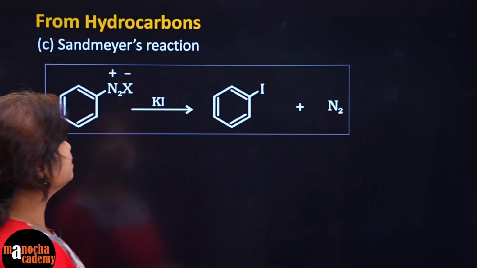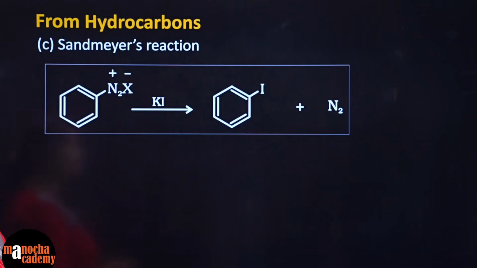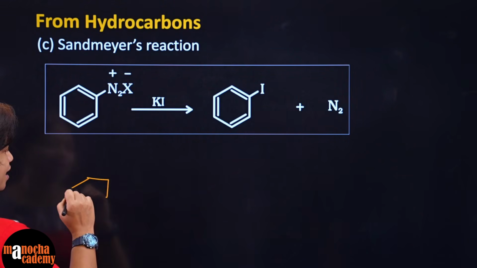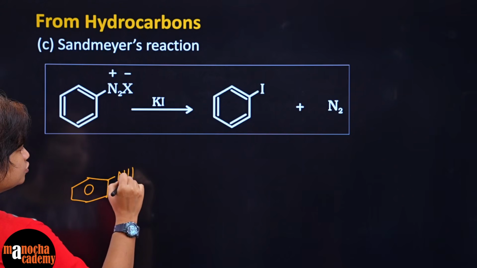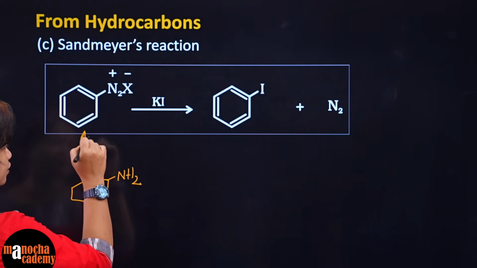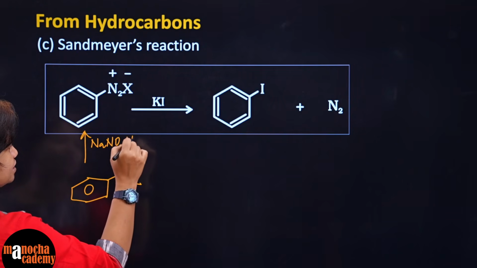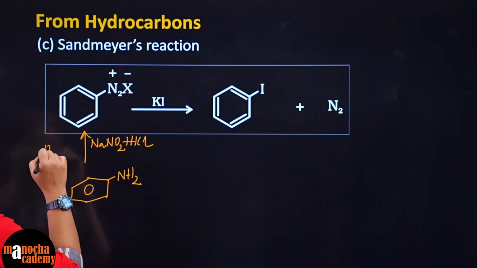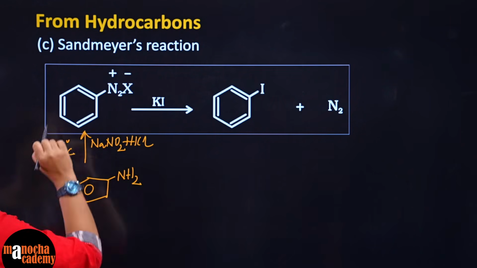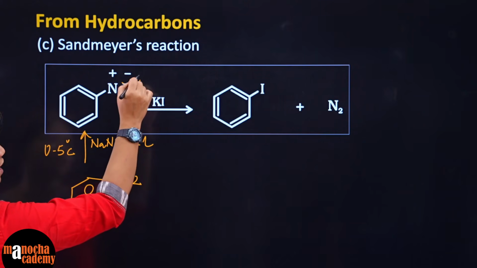Similarly, the Sandmeyer reaction can prepare iodobenzene. You take aniline, and to that you add sodium nitrite plus HCl, of course at 0 to 5 degrees centigrade, and you get the diazonium chloride.